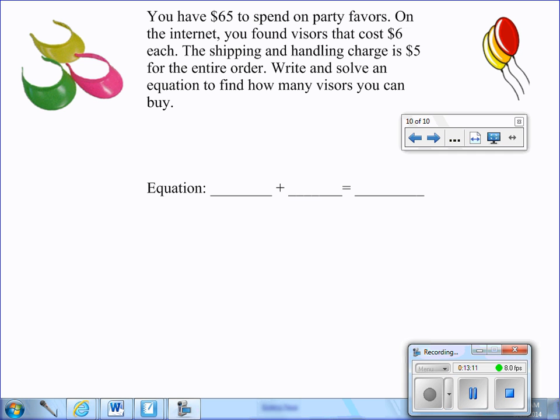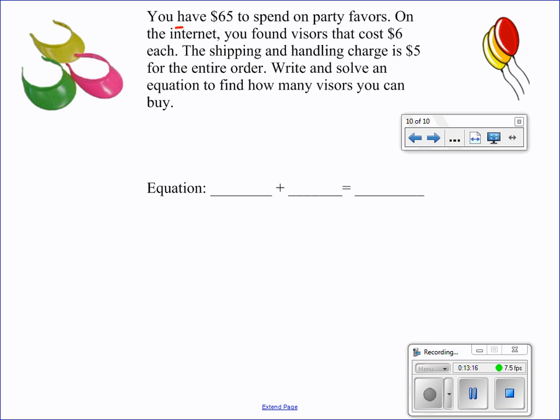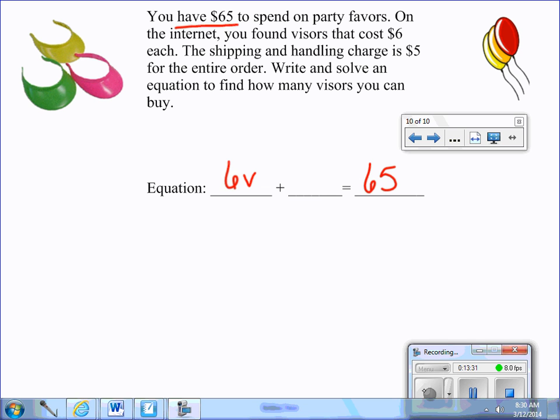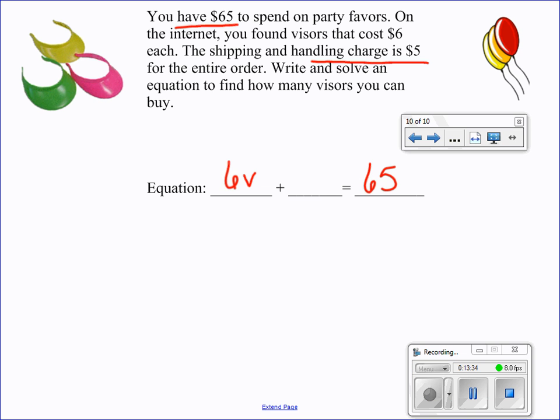So we know that you have $65 to spend. So that's going to be the total amount that you can spend. And then you know that each visor costs $6, and you're trying to see how many visors you can buy. And then you had a flat fee of $5, which is for the shipping charge.